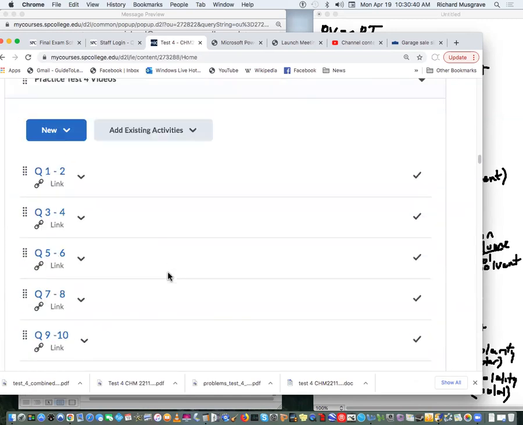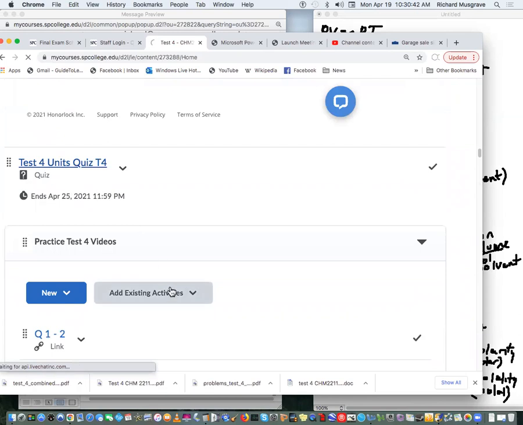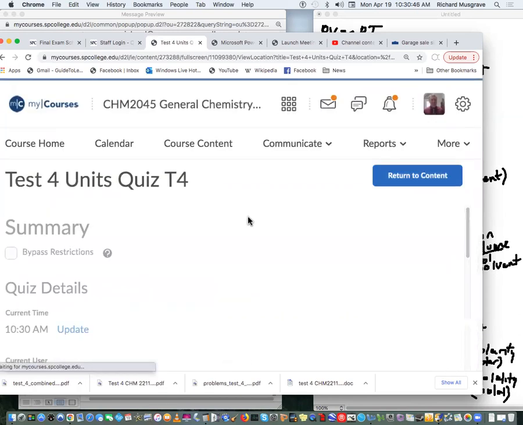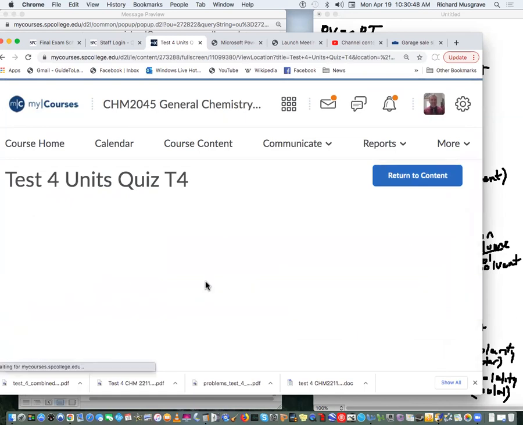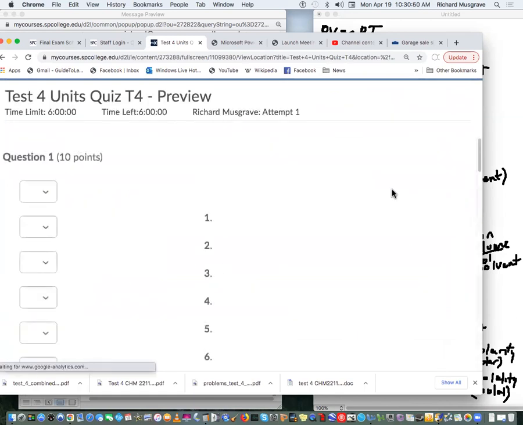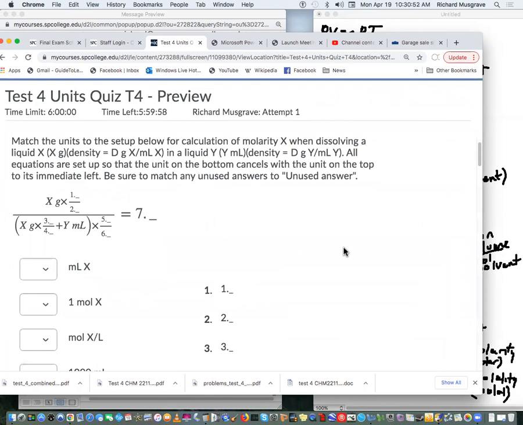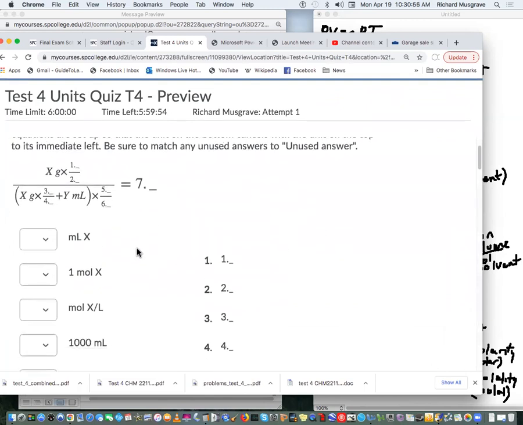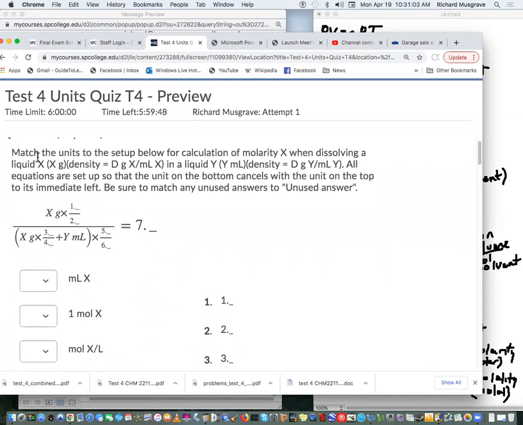Let me preview the test 4 units quiz for you. You're not going to like it very much, I must admit, but this is how it works. Let me show you what it looks like. The idea here is that it's not about the numbers, it's about the units. You need to match the units to the setup below.